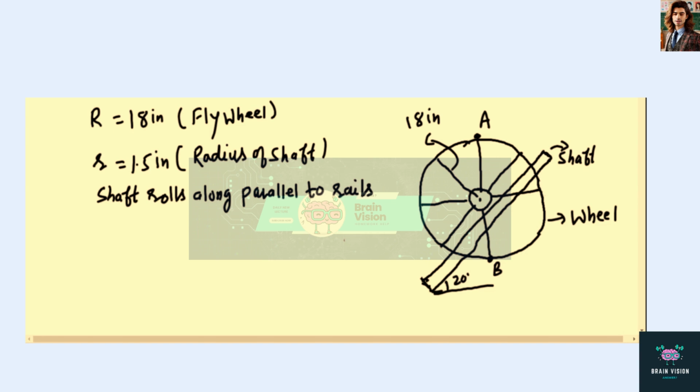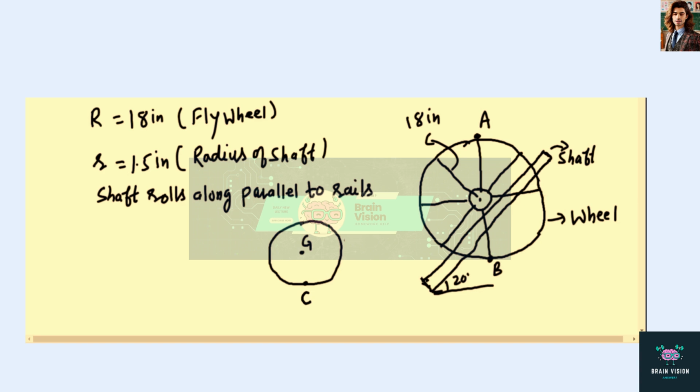As shown in the figure, the center of the shaft has a velocity of 1.2 inch per second and an acceleration. So I am drawing the cross-sectional view of the wheel and shaft. Suppose this is the shaft and G is the center of it and C is the instantaneous center of the wheel.